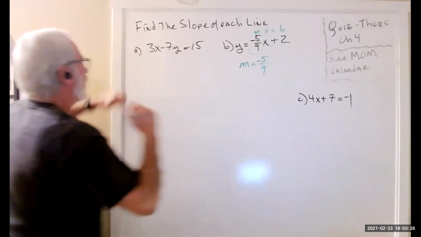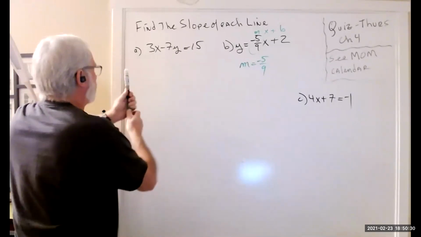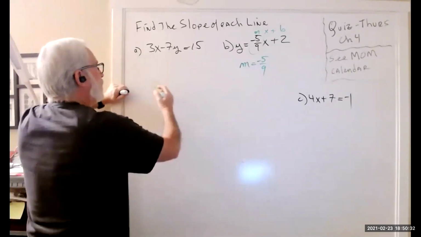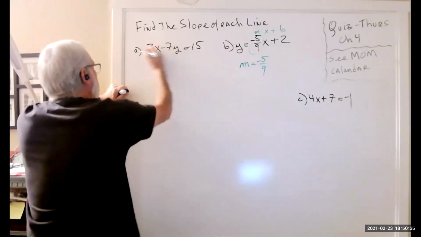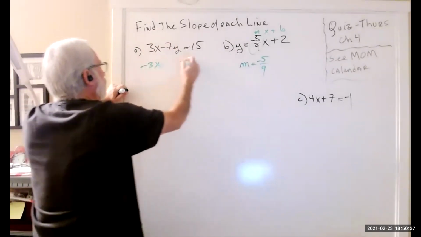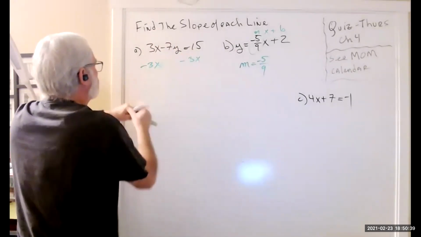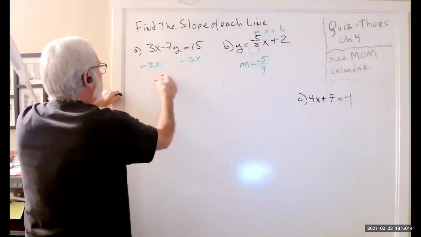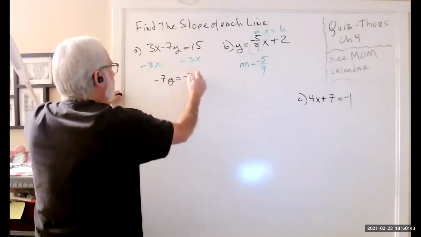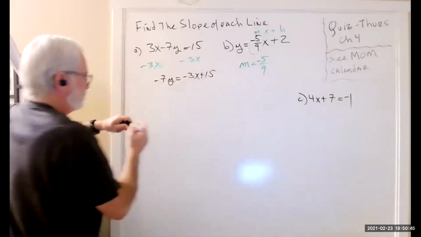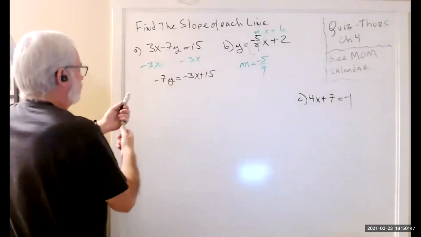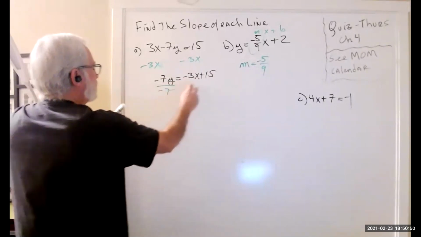So what he's saying, and what I hope most people did, is you take the 3x away from both sides, so you get negative 7y equals negative 3x plus 15. Divide everybody by negative 7.